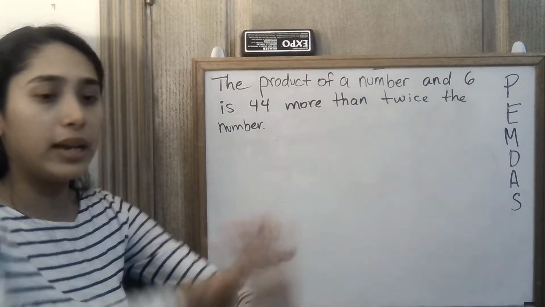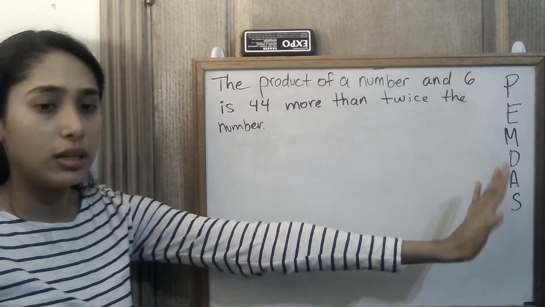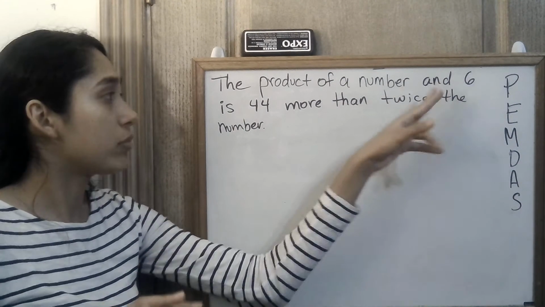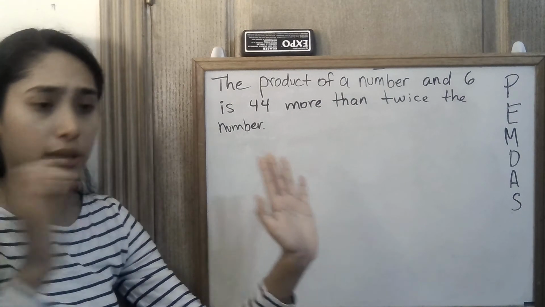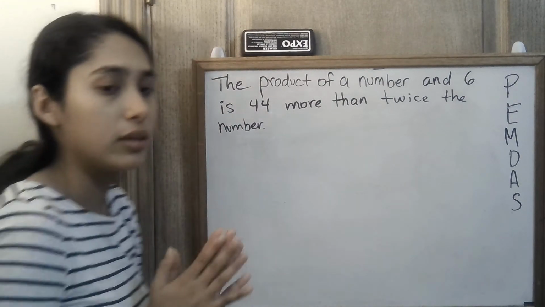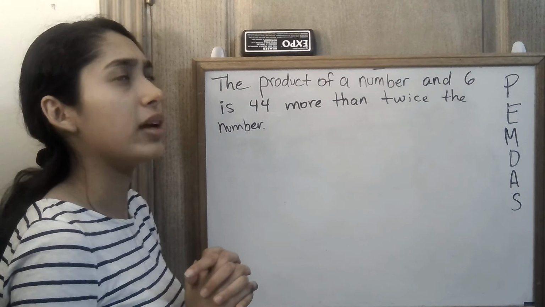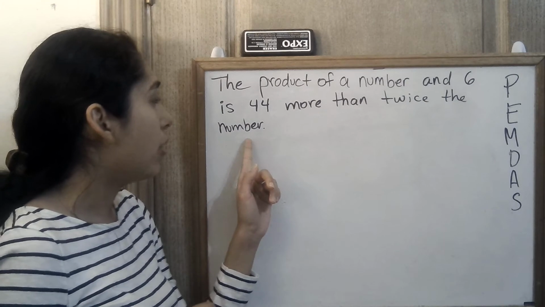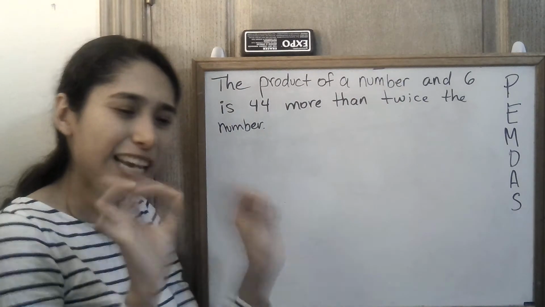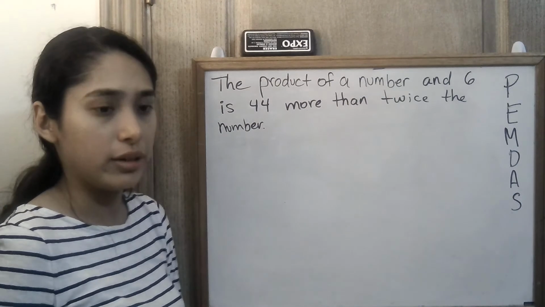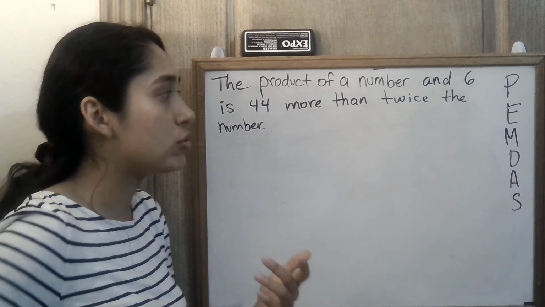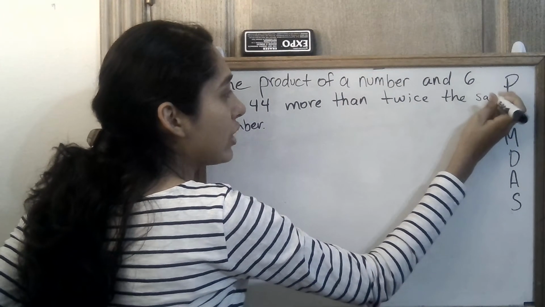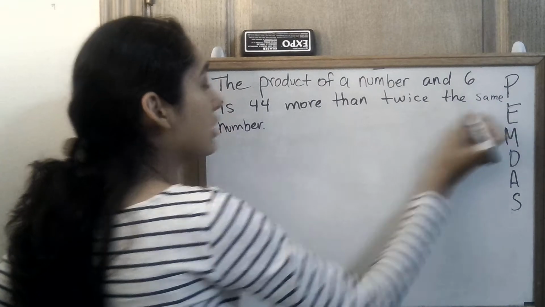Here I'm talking about any number that exists, any number on the number line. But then here I'm talking about the exact same number used over here. So truly, just to make it easier, you can understand it as twice the same number.